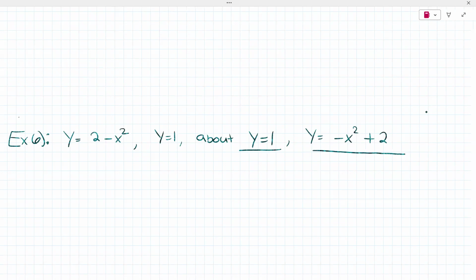So 2 minus x squared is an upside down parabola. I believe it has a y-intercept at 2. It would look something like this.